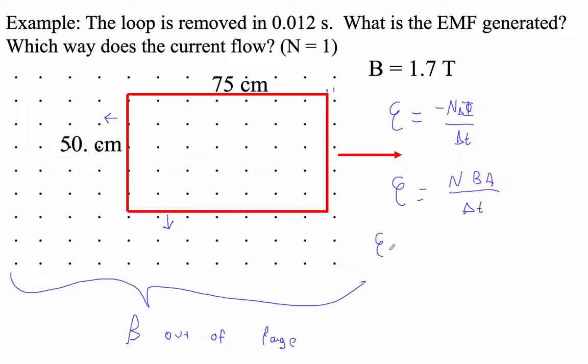So this is going to equal, there's one winding here. Let's assume that there's one winding, so N is 1. The magnetic field is 1.7 Teslas, which is a lot of magnetic field there. And then my area goes from all of the area to none of the area, 0.50 times 0.75.